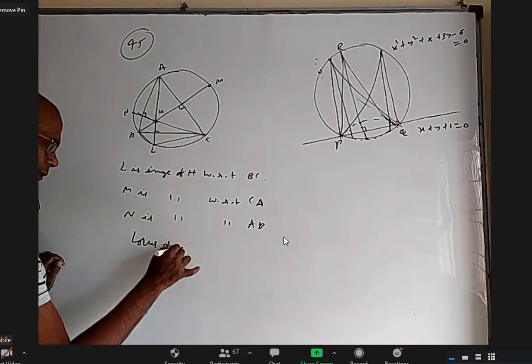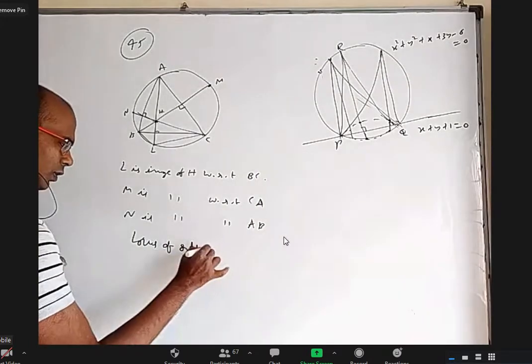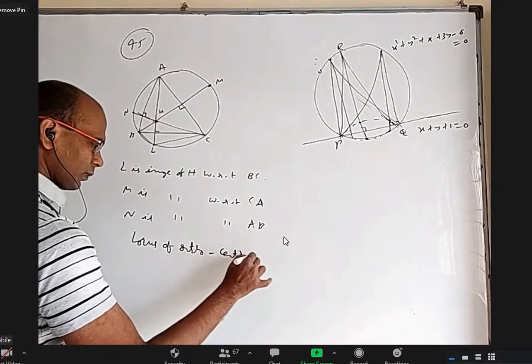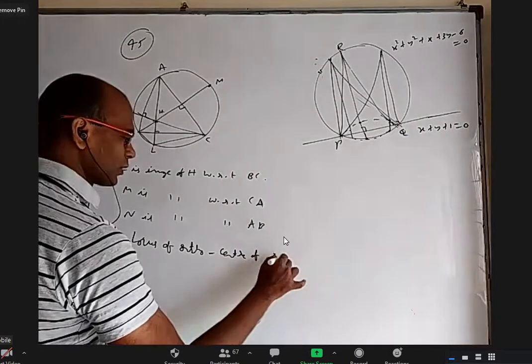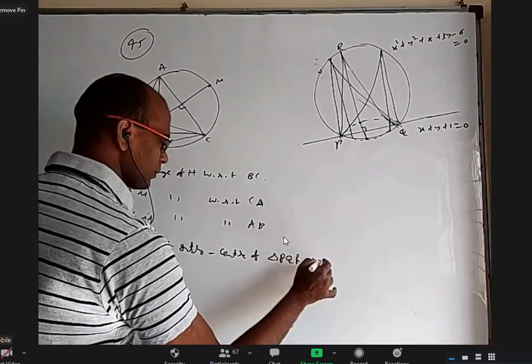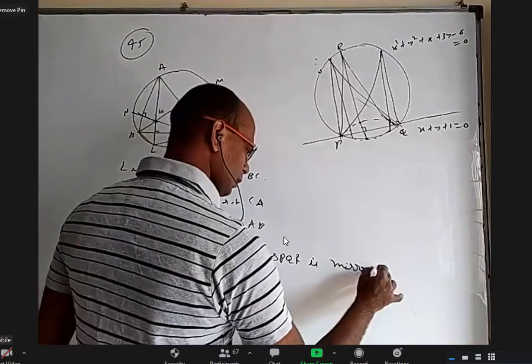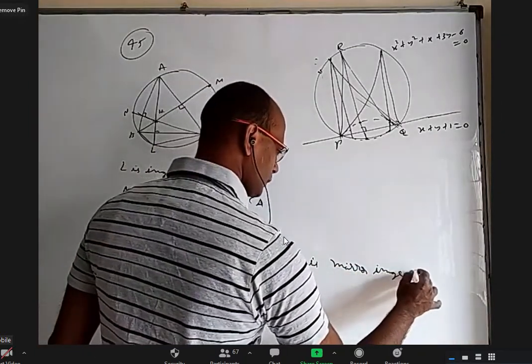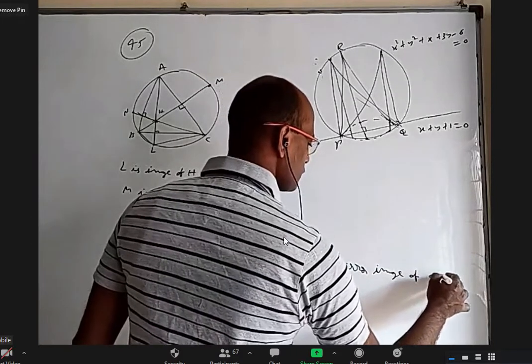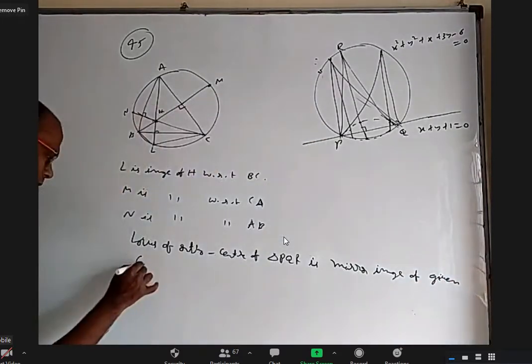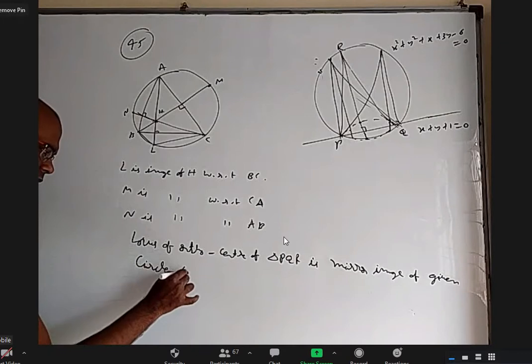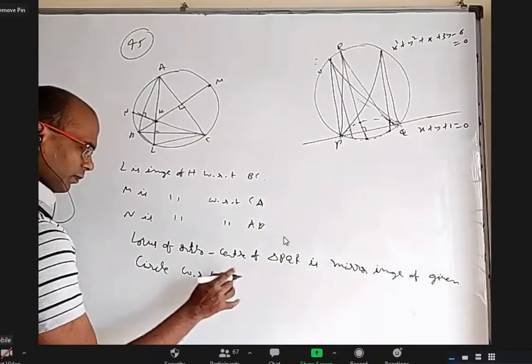So I am going to simply write: locus of orthocenter of triangle PQR is the mirror image of the given circle with respect to the given line.